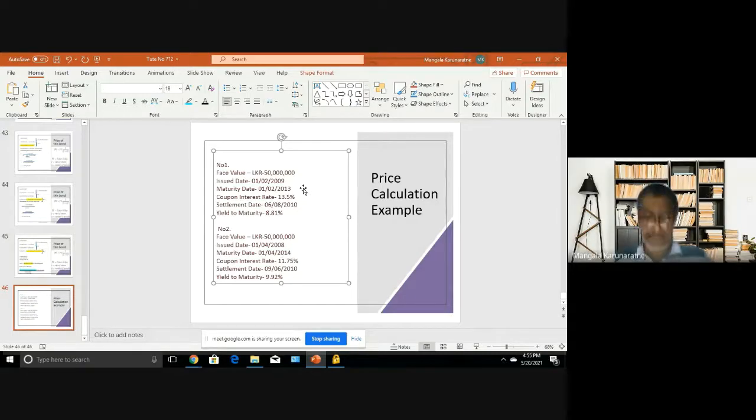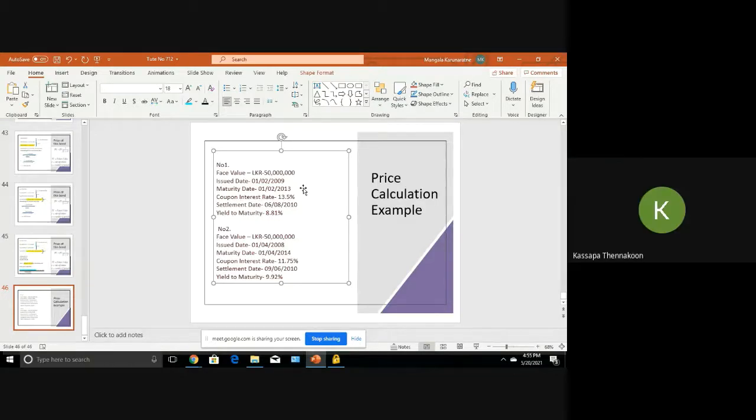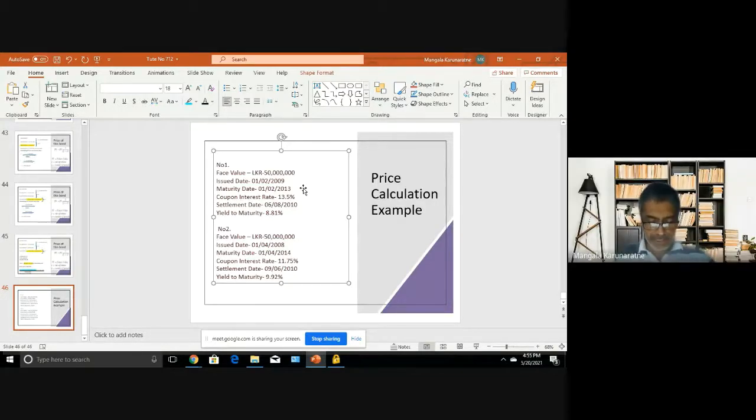Number one is 8.81. I don't know whether I did it wrong. No, we will see. It can happen, because the price can be more than 100 as well, no? Let's see. See, I gave you this.